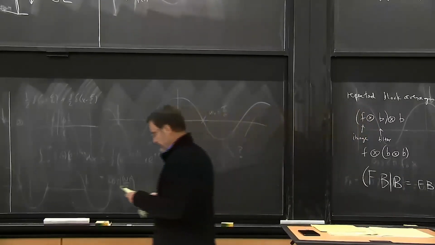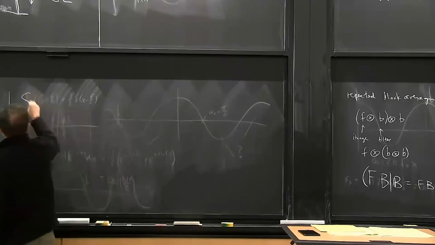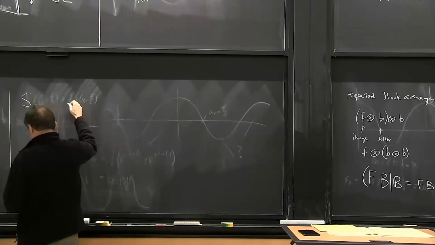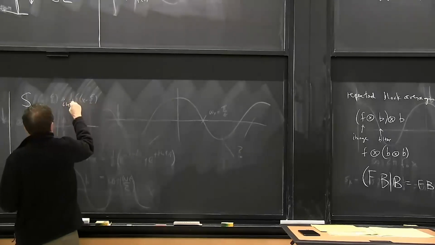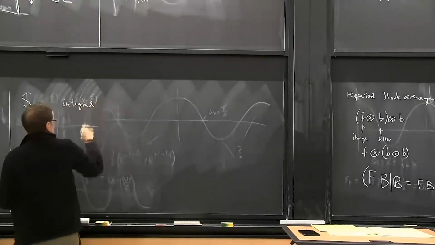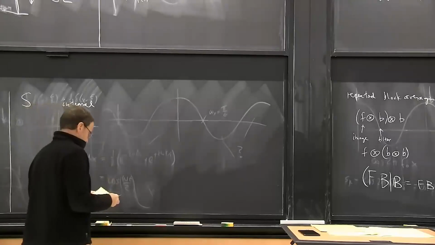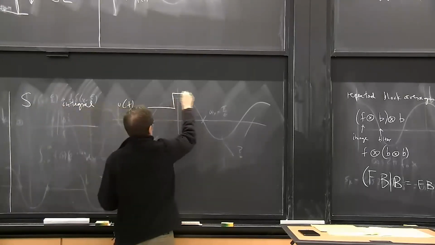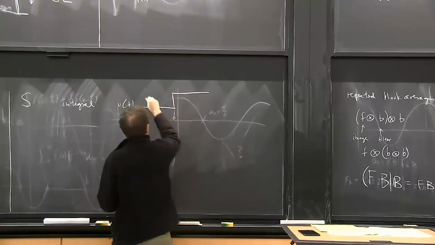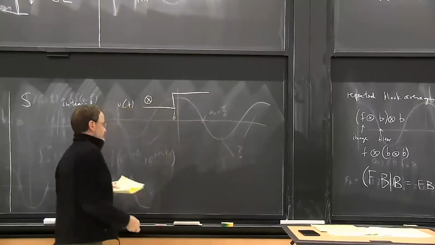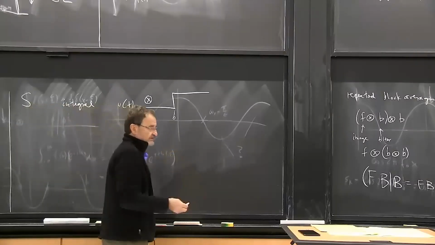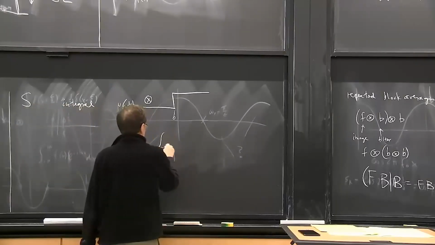And so let's... So S is going to be our integral. And it's called S because in the discrete version, we're going to have a sum. So what is it? Well, it's basically a step function. Looks like this. So we're interested in convolution with that. And that gives us, so let's see what that does.